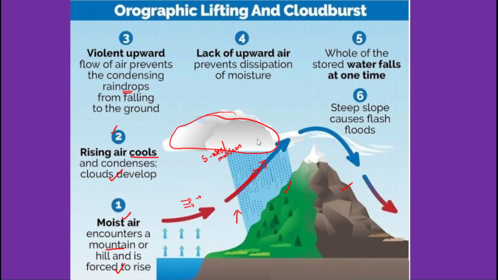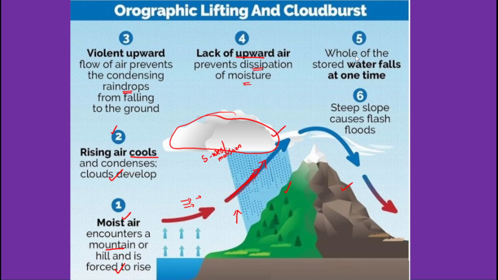In the fourth step, there is a lack of upward air. This lack of upward air prevents the dissipation of moisture.